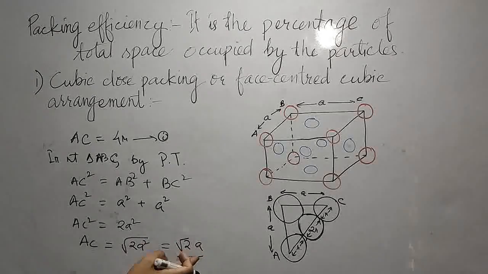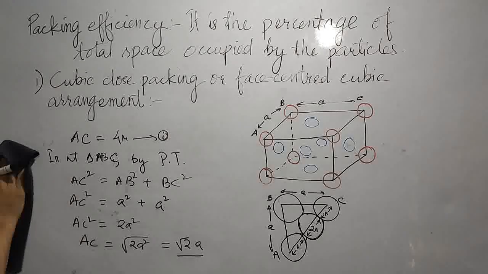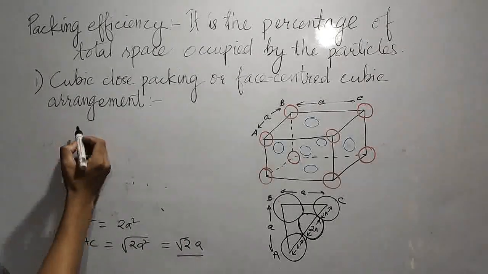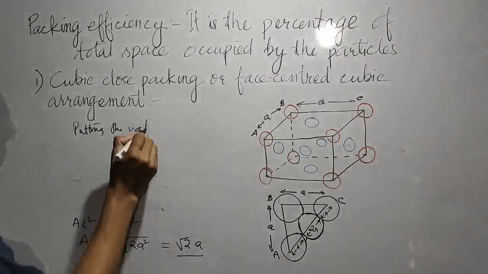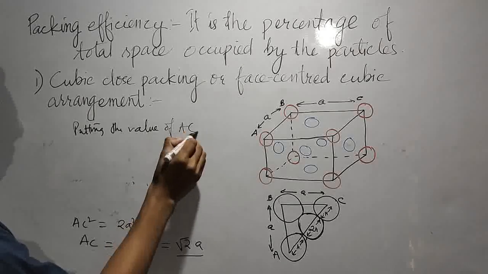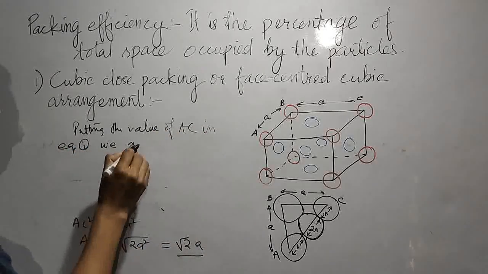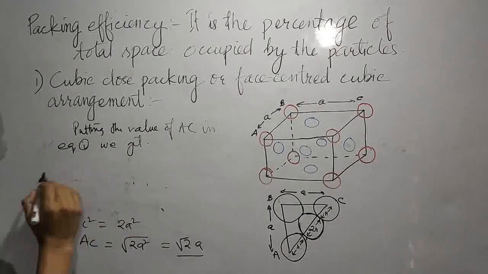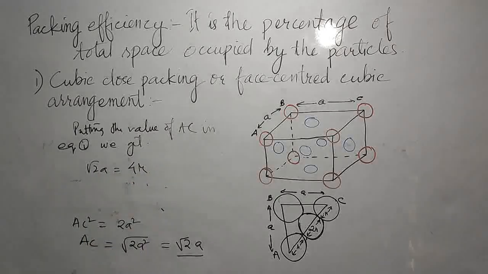Now we put this value of AC in equation 1. Putting the value of AC in equation 1, we get root 2 a equals 4r.